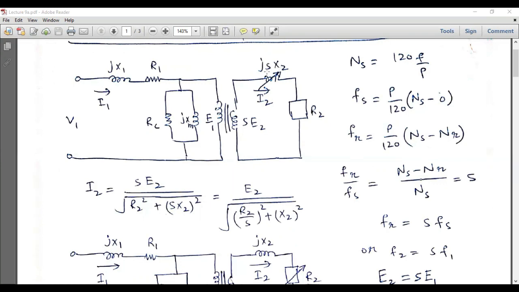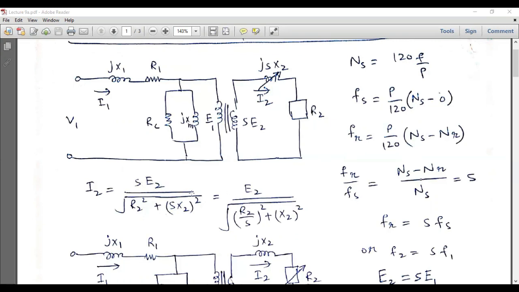So this reactance actually is a function of frequency, so we take this S as common, and it is separated from the rest of the expression of the rotor reactance. Similarly, S is written separately with E2 because E2 is also proportional to the slip. So this is the expression that we have obtained from this equivalent circuit.